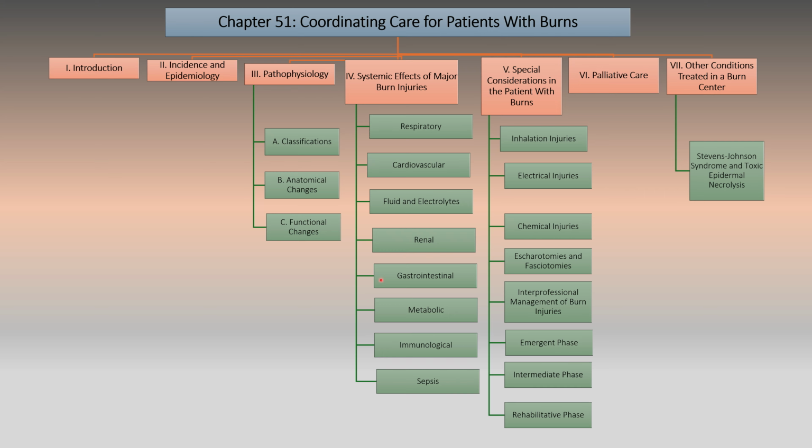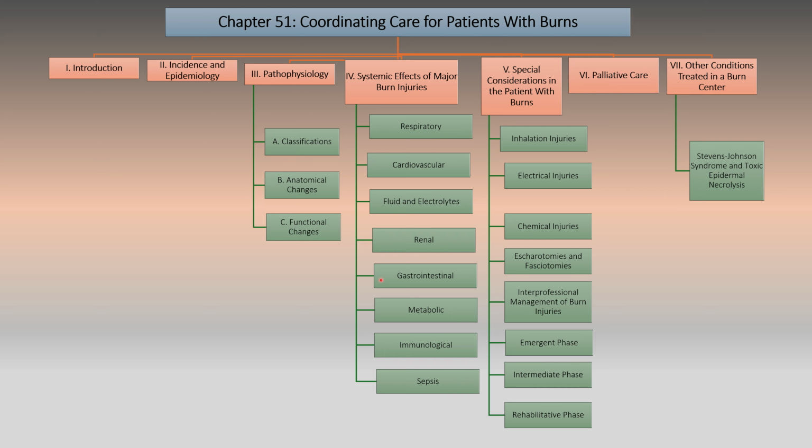Abdominal compartment syndrome: patients requiring massive fluid resuscitation are at risk for developing abdominal compartment syndrome due to extreme edema. Stress ulcer prophylaxis: patients with large burns receive GI prophylactic medication to prevent stress ulcers, Curling's ulcer.